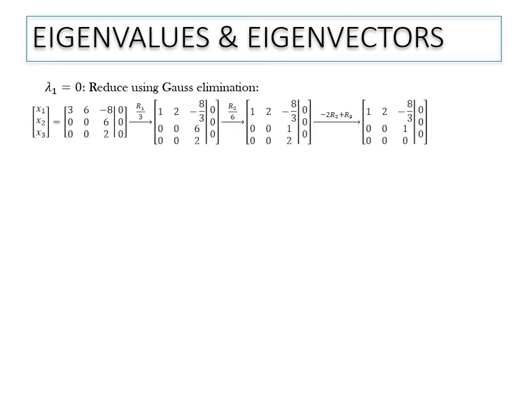We reduce the system using Gauss elimination, and at the end we get 0, 0, 0, meaning this system has many solutions. From the second row, x3 equals 0.